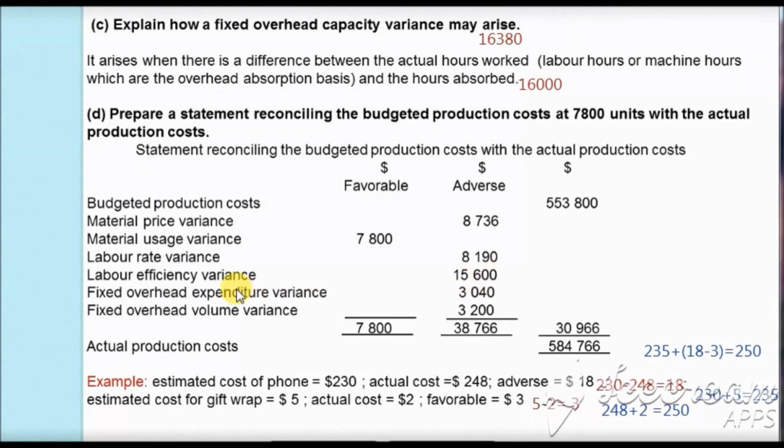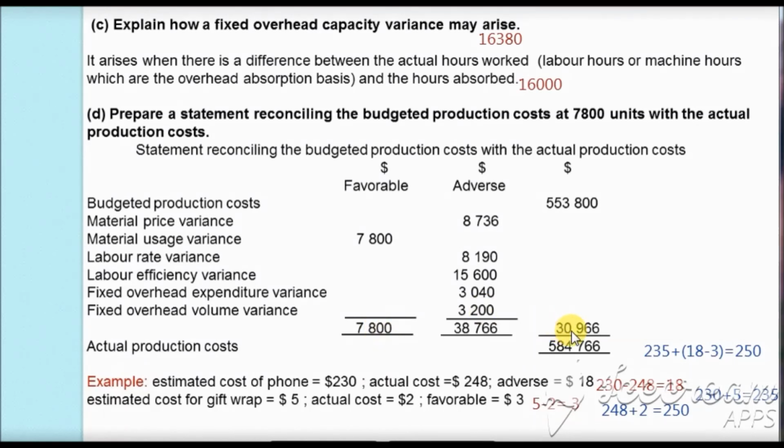Then we have fixed overhead expenditure variance, which is an adverse variance of $3,040. Then we have fixed overhead volume variance, which is again an adverse variance of $3,200. So we add all the adverse variances, we get the value as $38,766. From there we will subtract $7,800, which is the favorable variance.